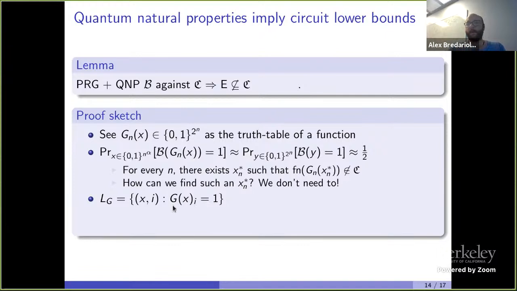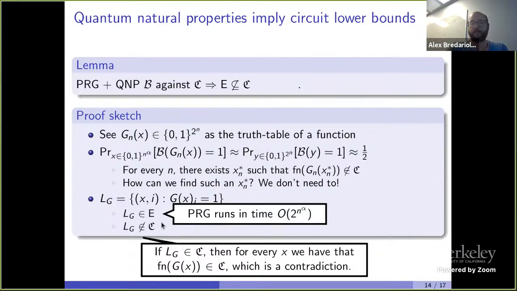And by the conditions that we added to the circuit class, since there exists this x star such that this function is hard, then this language is also hard. So the hardness of this function g_n x star will be lifted to the hardness of L_G.